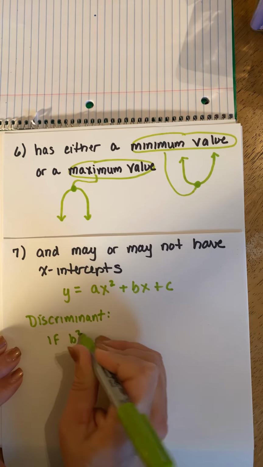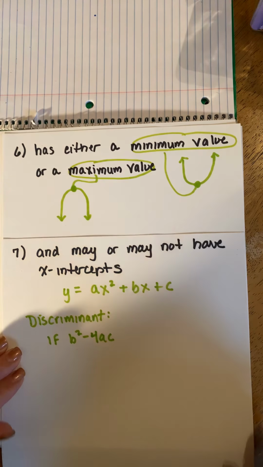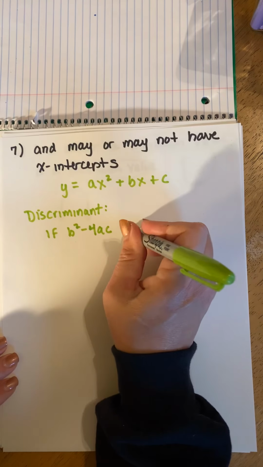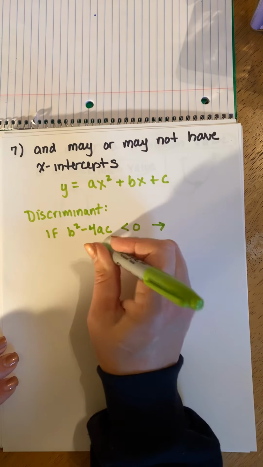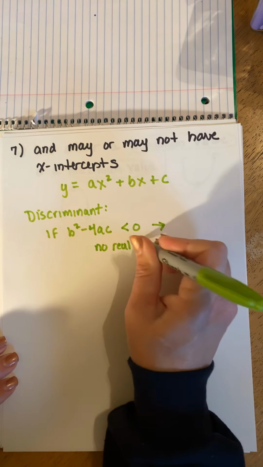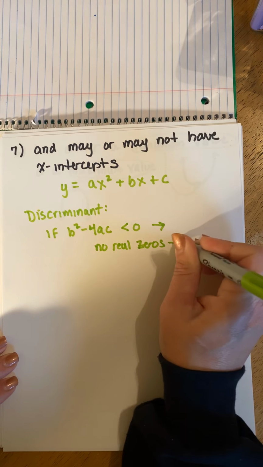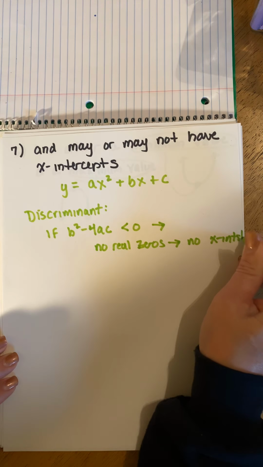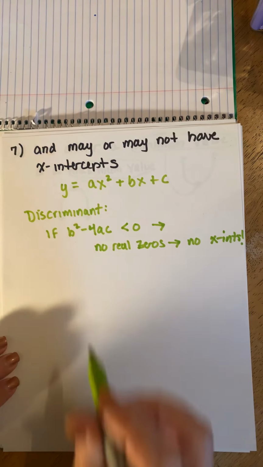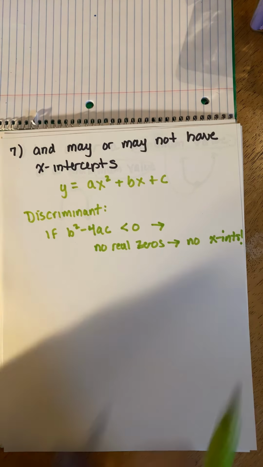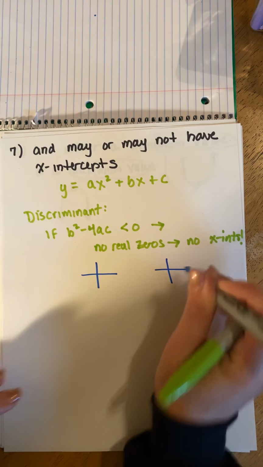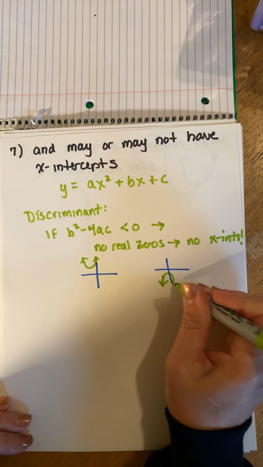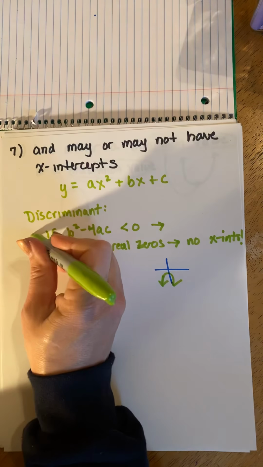If b squared minus 4ac, that's the value under the radical in the quadratic formula, is negative, we have no real zeros, thus no x-intercepts. So if your discriminant is negative, you're going to have a quadratic function that falls either completely above the x-axis or completely below the x-axis.